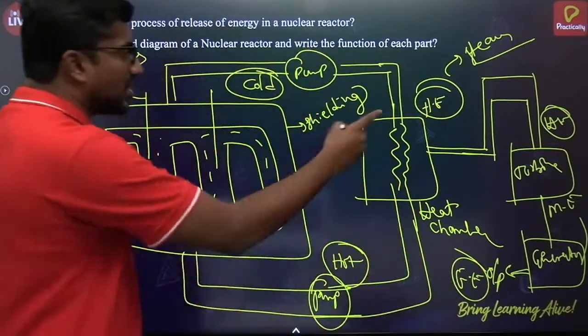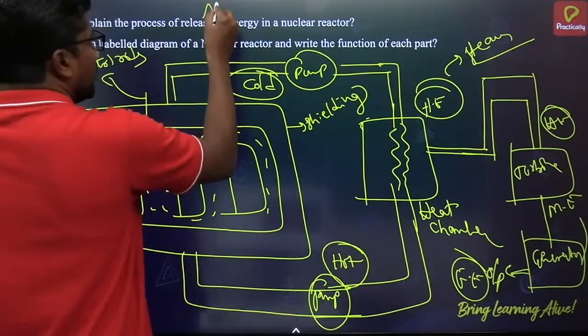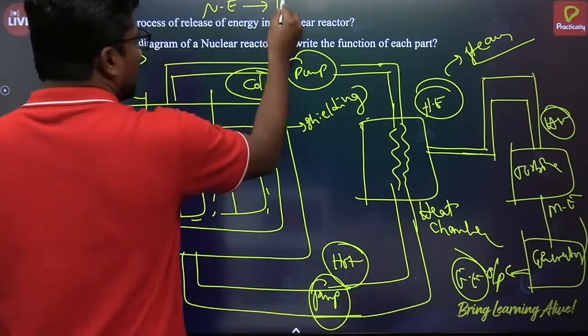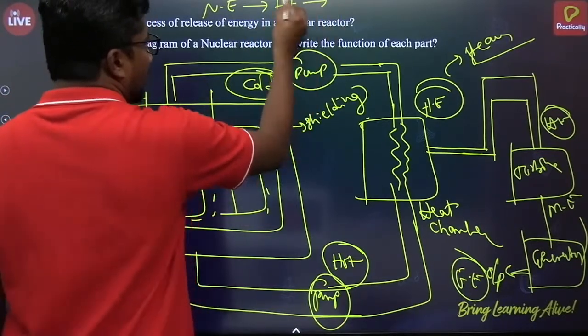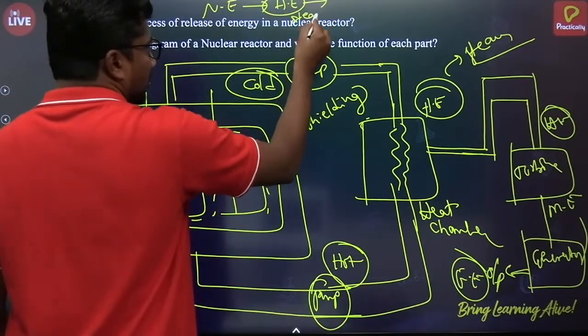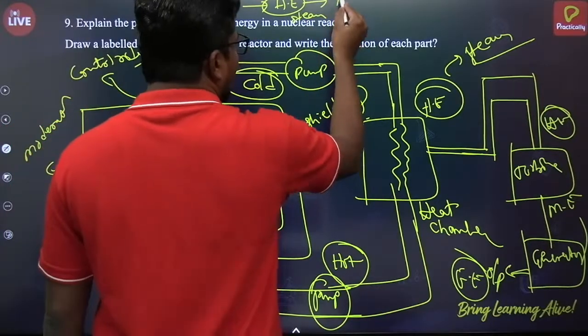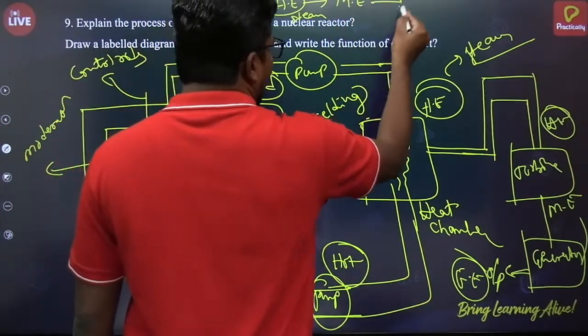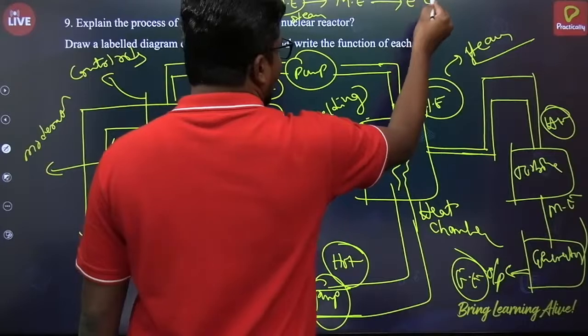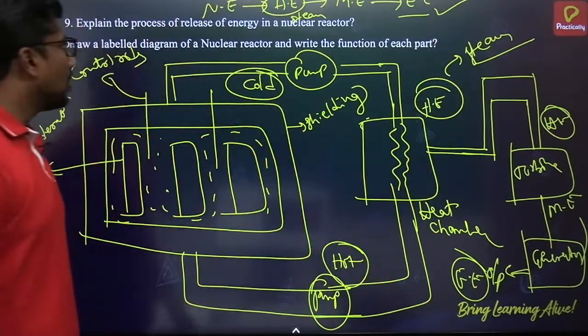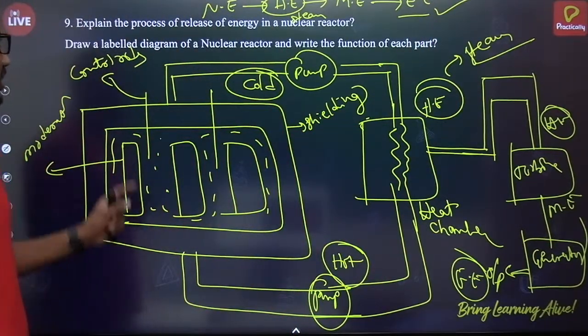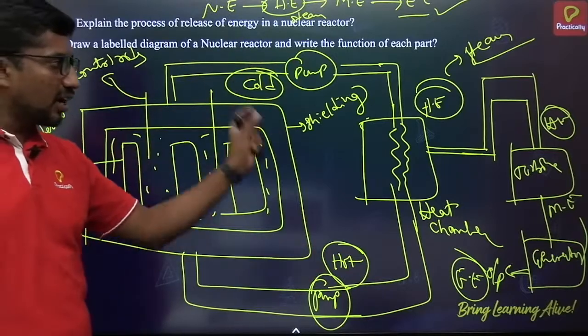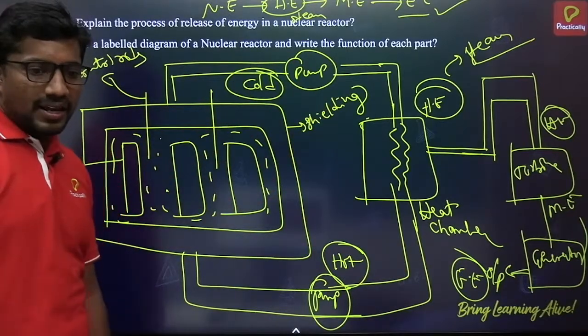So the energy conversion process you can see here: nuclear energy to heat energy, that is steam energy, then into mechanical energy, and then mechanical energy into electrical energy. So this explains the process of release of energy in the nuclear reactor.